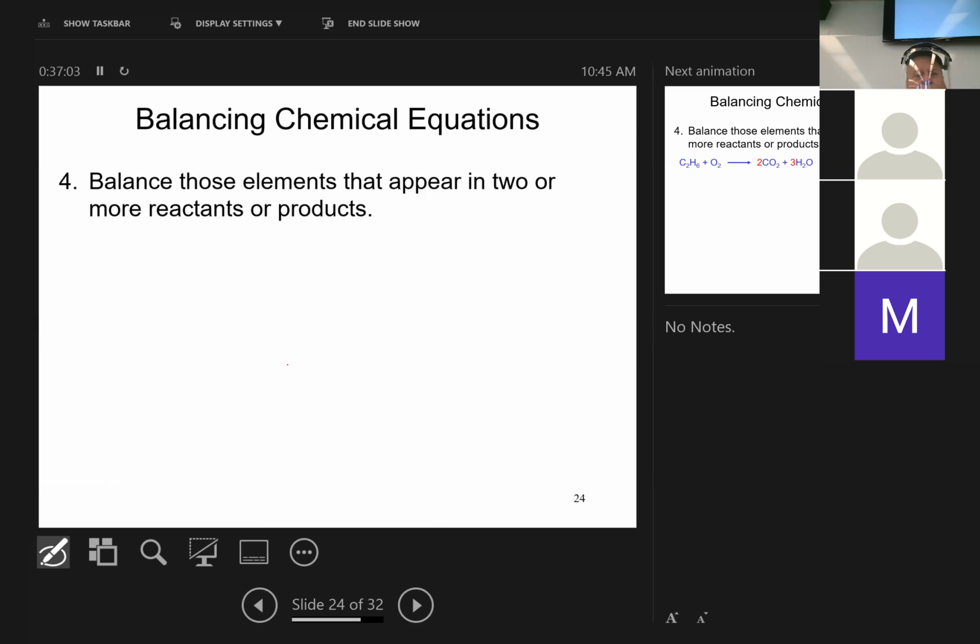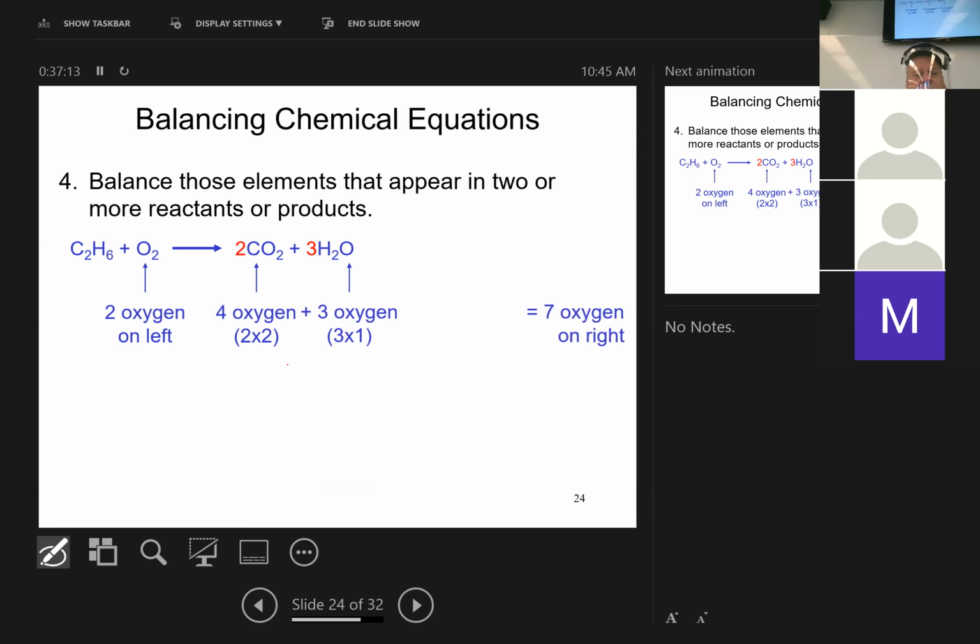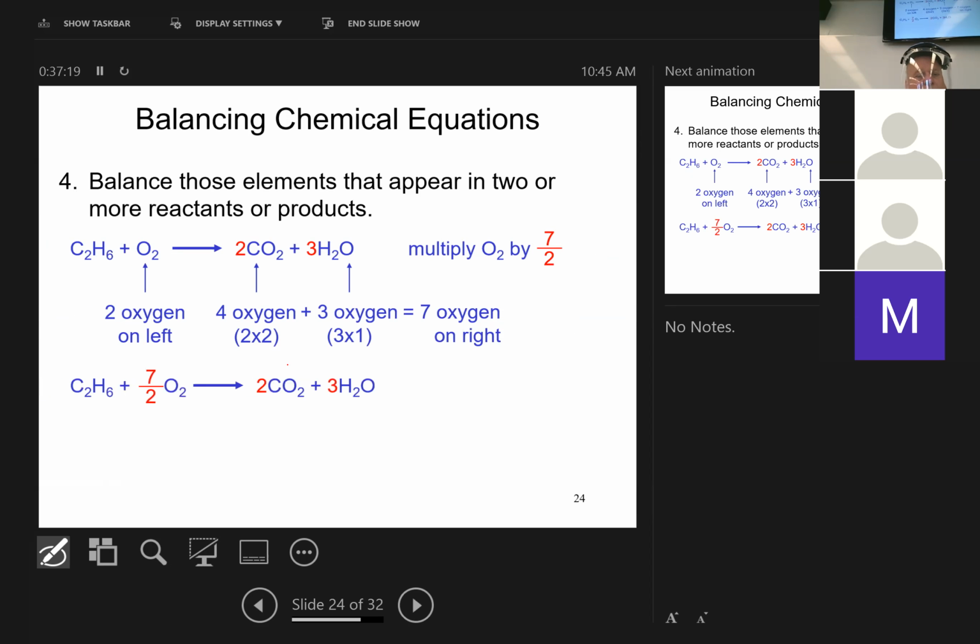Balance those elements that appear in 2 or more reactants or products. So now you have 7 oxygens, 2 oxygens on the left, 4 plus 3 is 7. You multiply by 7 halves, both sides. Okay? So you have the oxygen multiplied by 7 halves there.